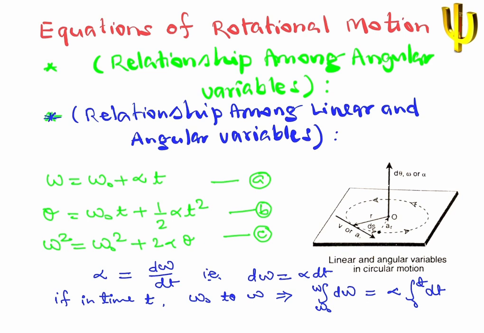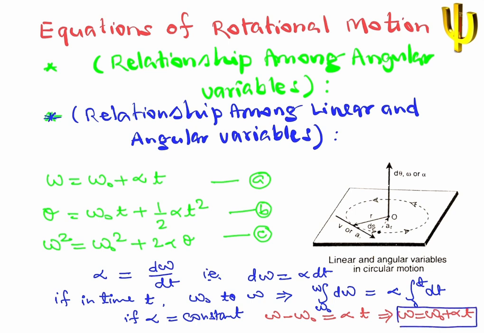And if alpha, the angular acceleration, is constant, then omega minus omega naught is equal to alpha t, which gives omega is equal to omega naught plus alpha t. So this is equation A.